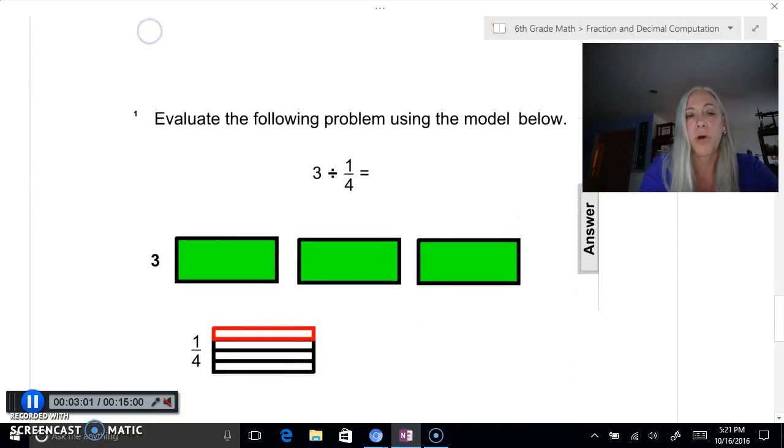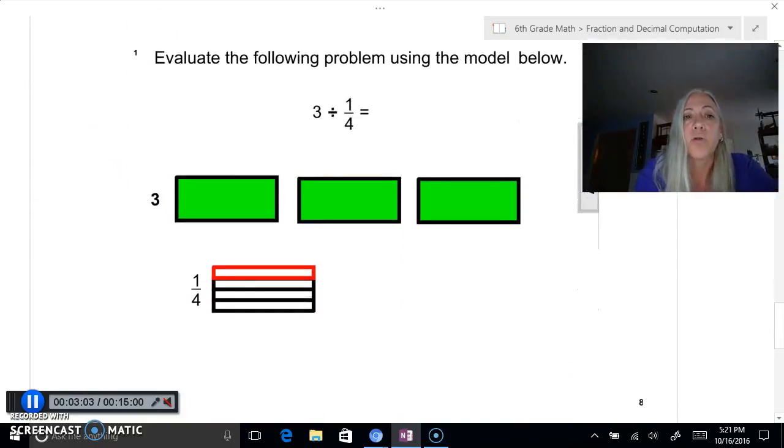Let's look at this problem here. It says evaluate the following problem using the model below. So we have 3 pieces, and we're going to divide them into 1/4. You can do it the way they have it here, or though most of you are familiar, I'll do it the other way. So we break it in half. Now we got 4 pieces here, 4 pieces here, 4 pieces here.